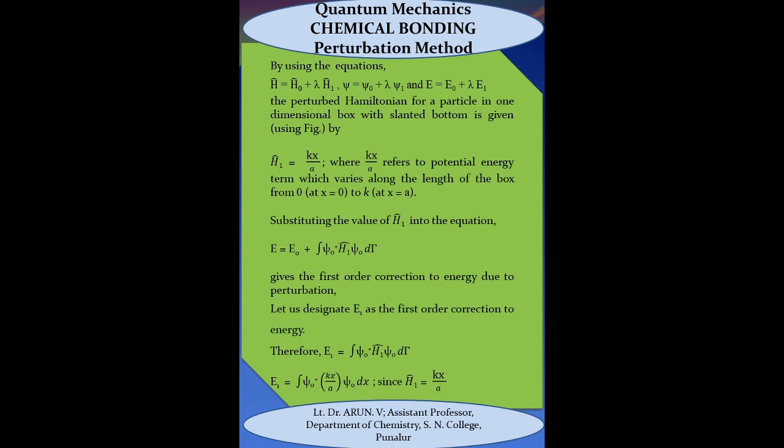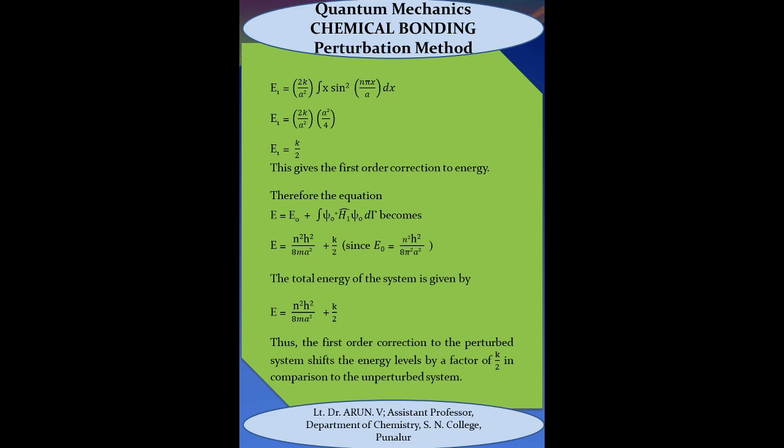Therefore, E1 is equal to the integral of ψ0 star H1 ψ0 dτ, or E1 is equal to the integral of ψ0 star into kx by a into ψ0 dx, since we have already derived H1 equal to kx by a.